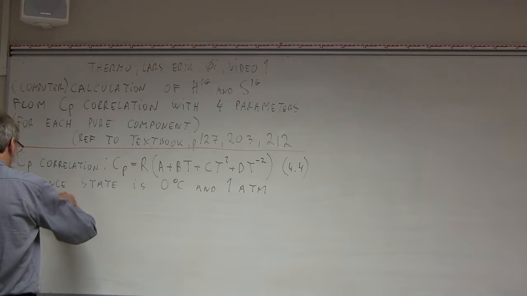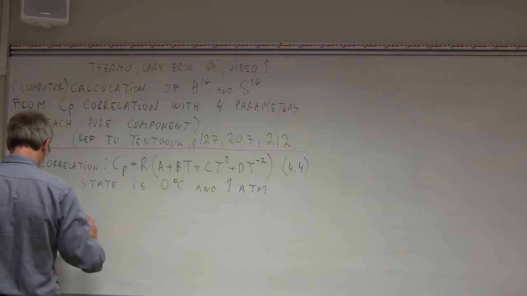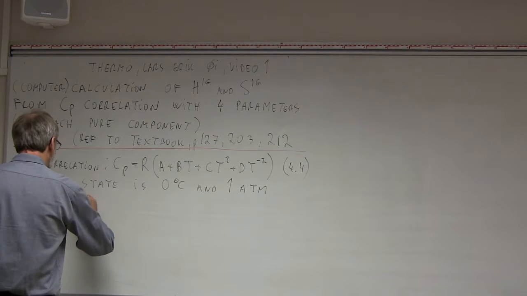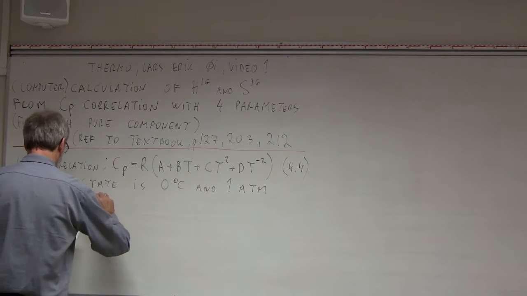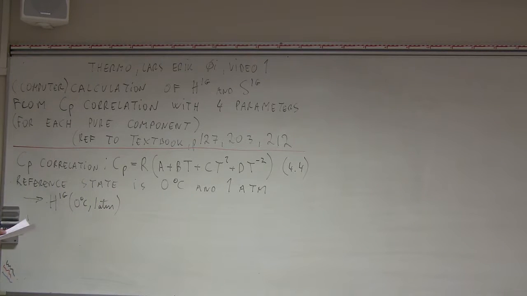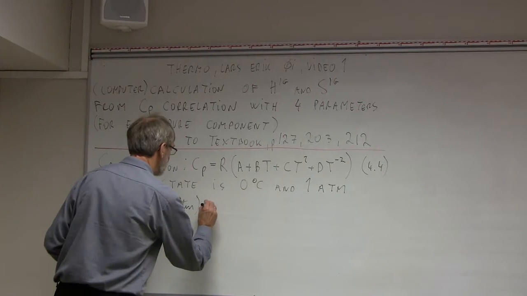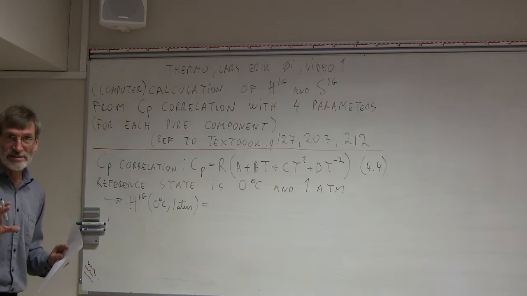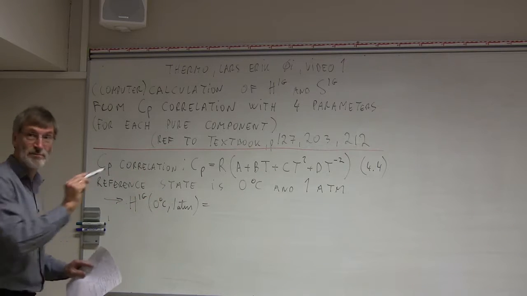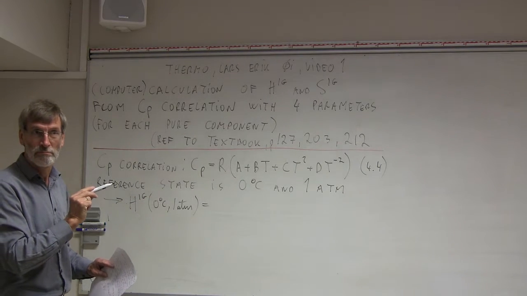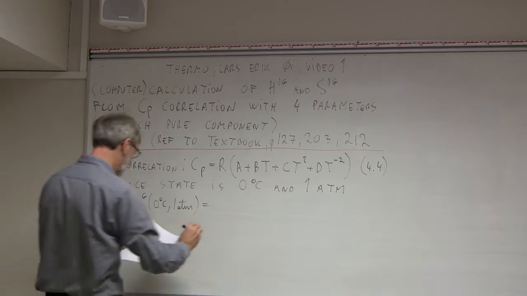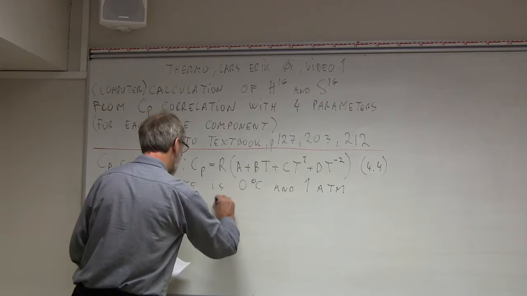It means that if we take the enthalpy at the conditions at the reference state, that is 0 degrees and 1 atmosphere, what is the ideal gas enthalpy? That is 0.